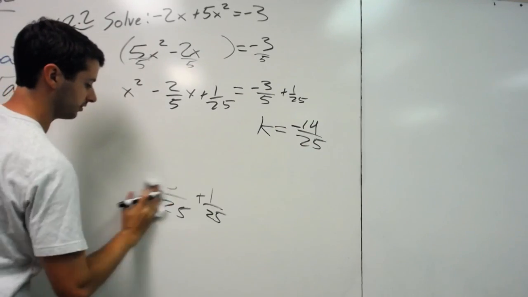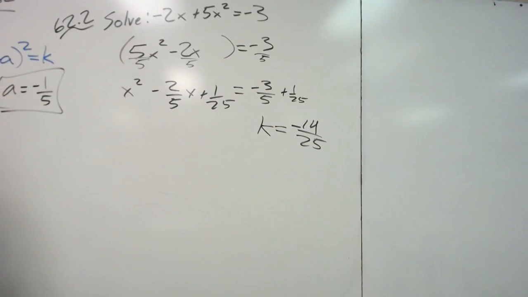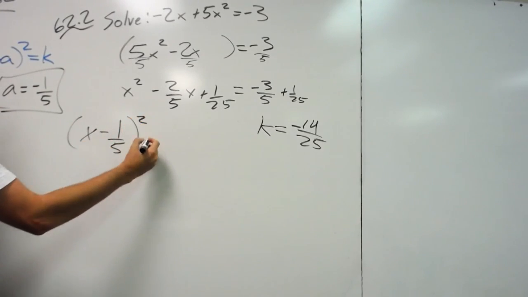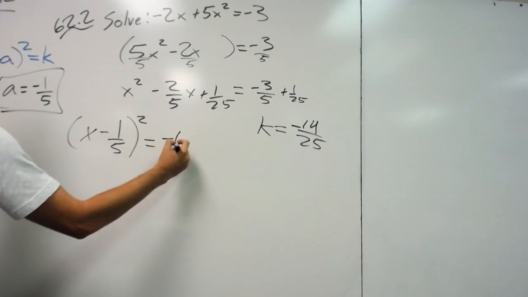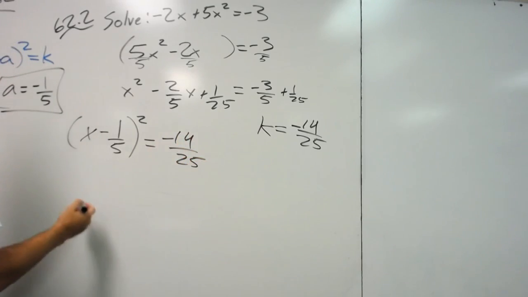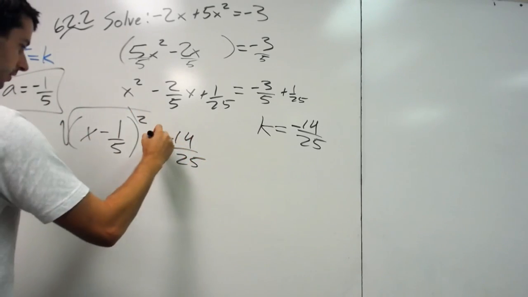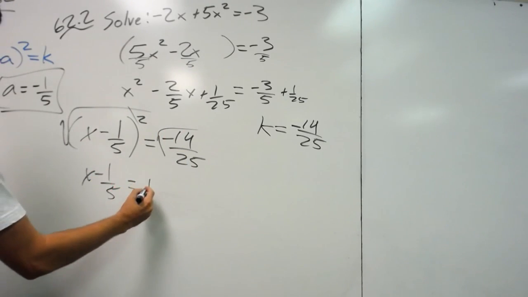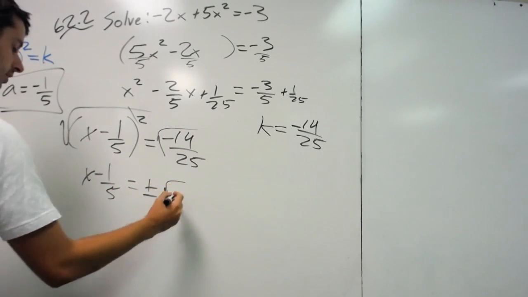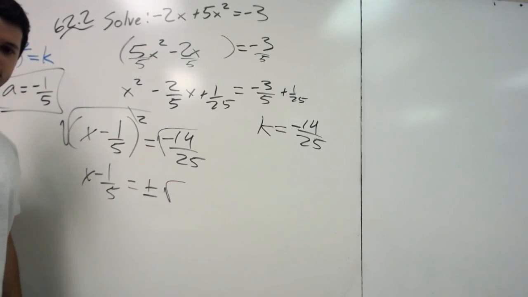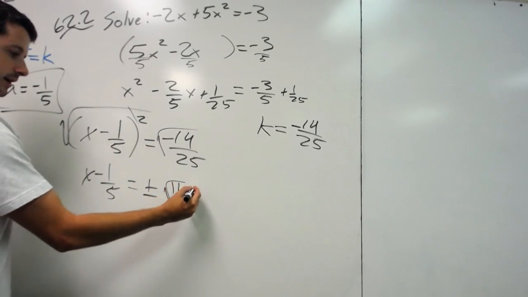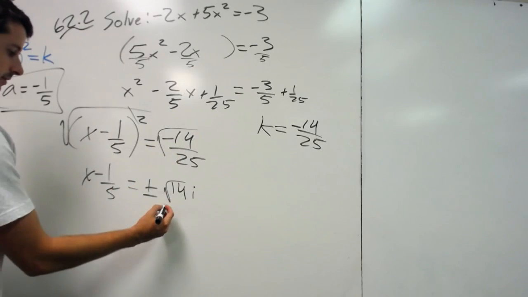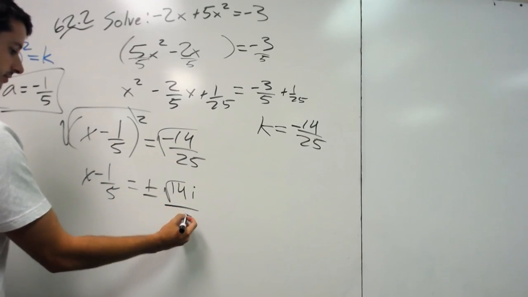Plug everything back in to our solution here. x minus 1/5 squared equals negative 14 over 25. This is the easy part, the part everyone likes to do. We just square root both sides. x minus 1/5 equals plus or minus, I'm going to skip the steps and say radical 14 i, since we know the i comes out, over the square root of 25, which is 5.